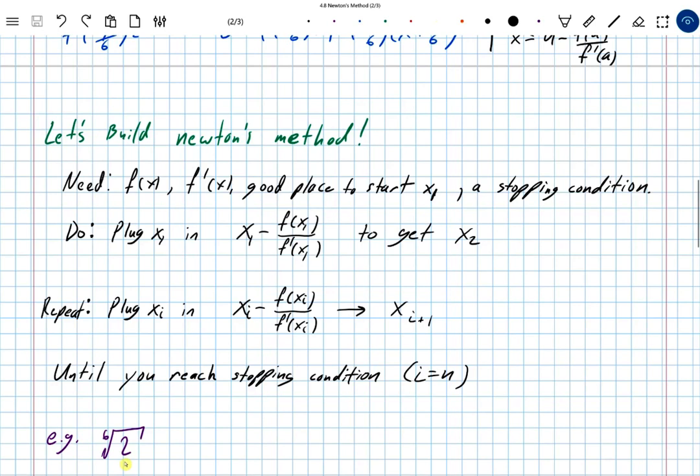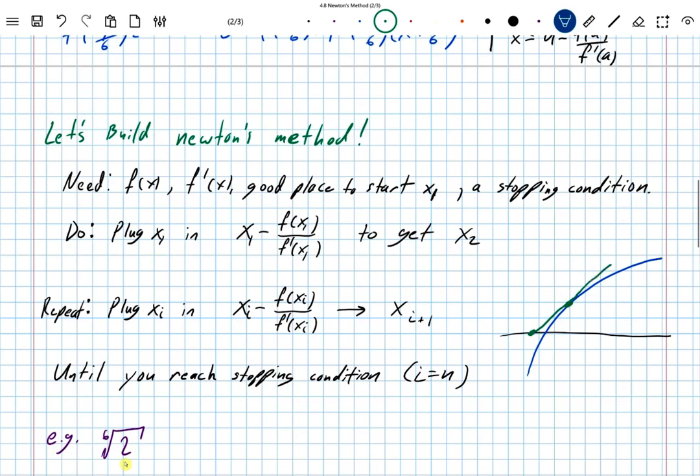All right, let me just draw a quick picture on the side because I think it helps to see this a couple of times in a couple of ways. If I had some curve and I'm trying to find a root and I start at this point right here and I take the tangent line, I say, where is the tangent line 0? Right there. Great.